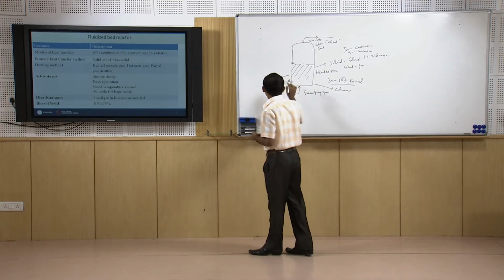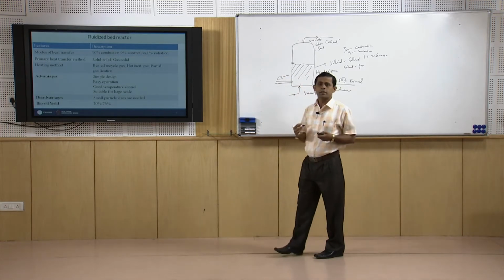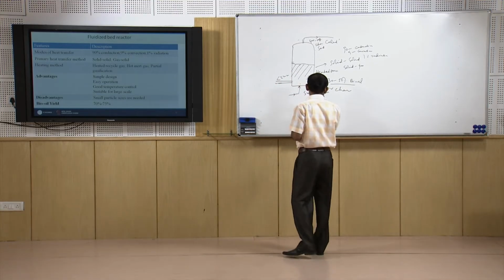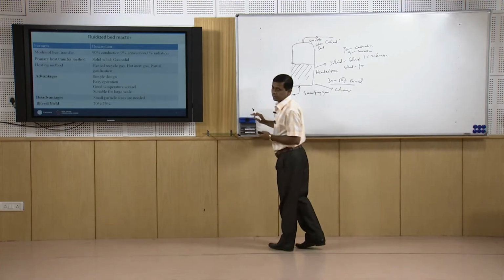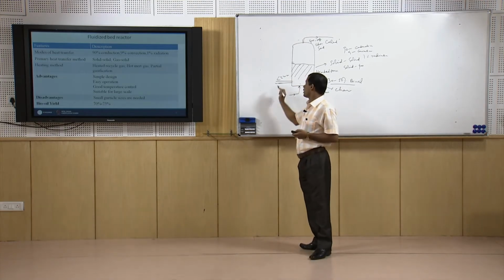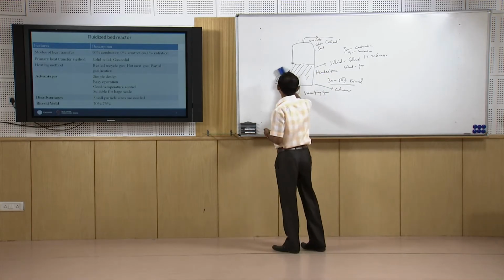The advantage is that the design is simple, it is easy to operate, and it is suitable for large scale production. But the main disadvantage of this process is that it requires smaller particle size, less than 2 millimeter.